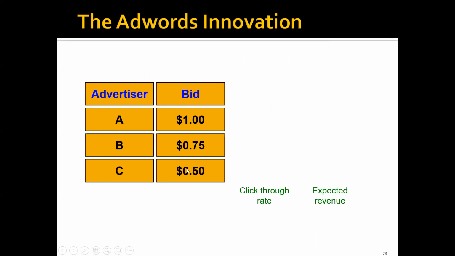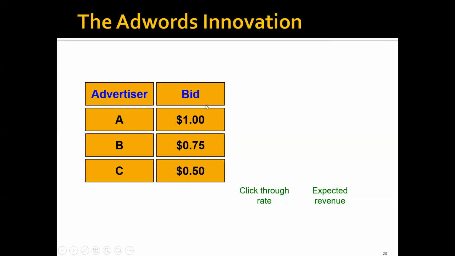The original version of performance-based advertising from Overture will choose the advertiser based on the bid alone. So the higher the bid is, the more probable it's going to get picked. For example, if there's only 1 slot for the query, then Overture will probably just choose advertiser A because advertiser A has the highest bid.